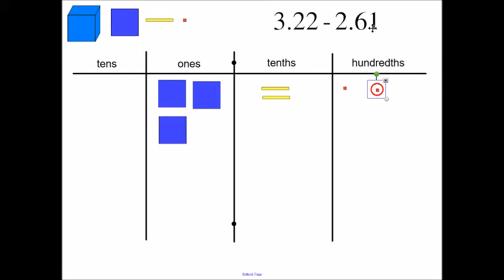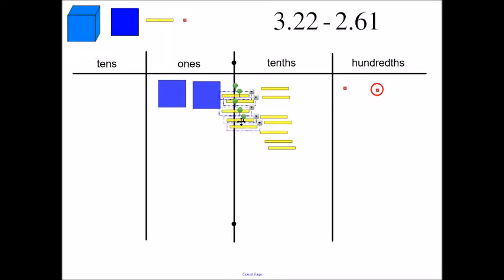Now I'm going to look in this. So I need to take away 6 tenths. Well, I kind of create an issue for myself because I need to take away 6 tenths, but I only have 2. So what I'm going to do is trade one of these ones. I'm going to put it back into the bank, and I'm going to take out 10 of the rods instead. Because if I do that, I will be able to exchange them. So that is 5 and an additional 5.